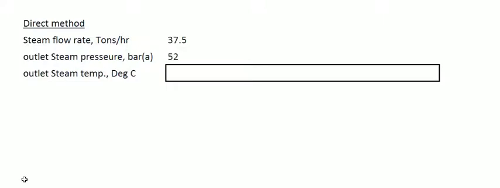Outlet steam temperature is in degrees centigrade. Temperature is 435 degrees centigrade, superheated steam.